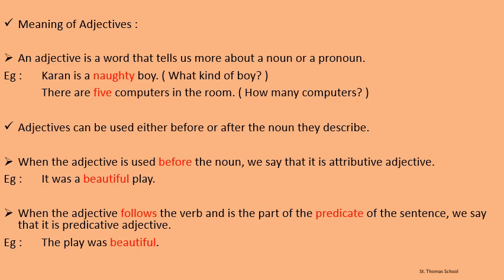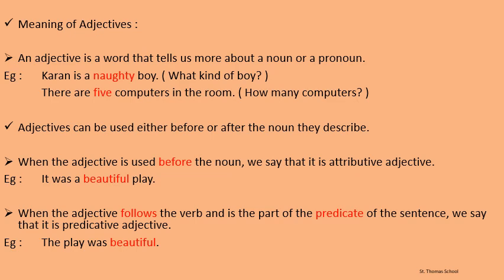Next point is adjectives can be used either before or after the noun. So the describing word, the adjective, can be used either before the noun or after the noun. But when we are using it before the noun, it is known as attributive adjective, and when we use the adjective after the noun, then it is known as predicative adjective.